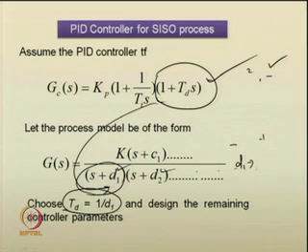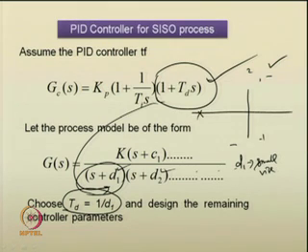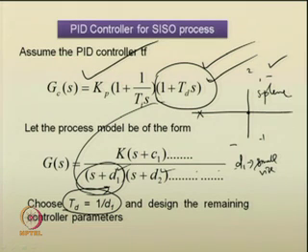In that case, we are assuming that a pole which is located far up in the left half from the origin of the s plane is getting cancelled with the derivative term of the series PID controller. Then we can make use of a series form of PID controller and an all pole process model to design controllers using the standard form.